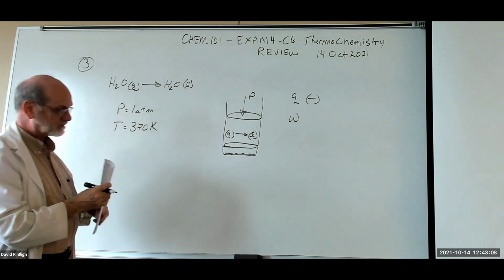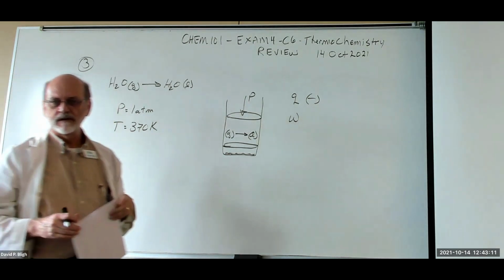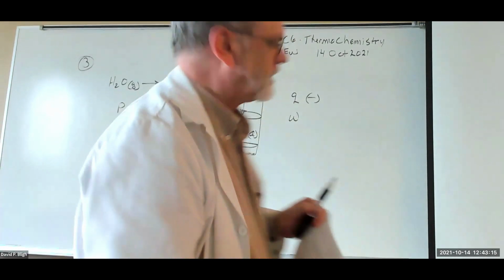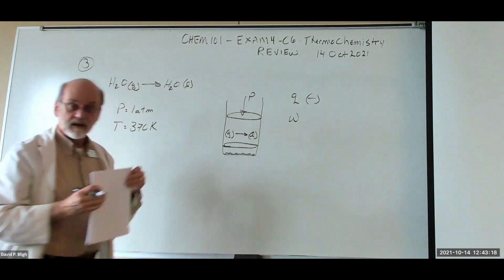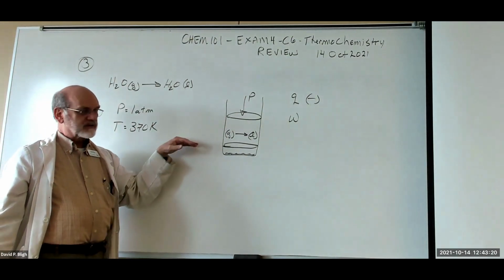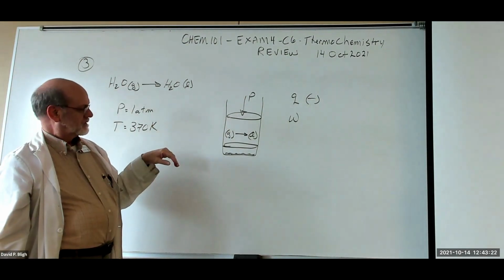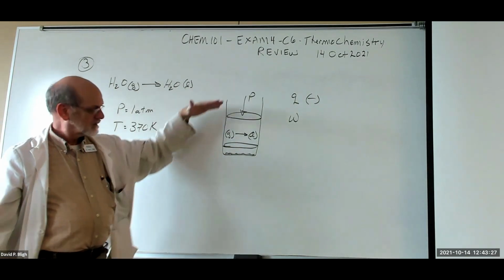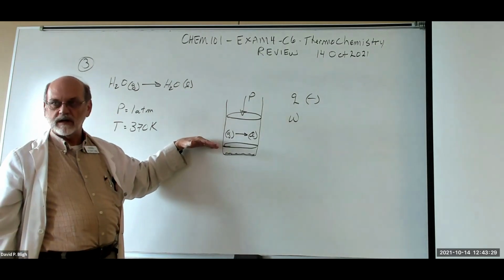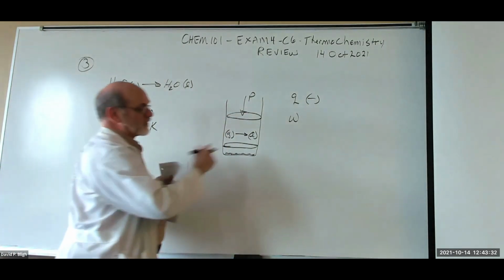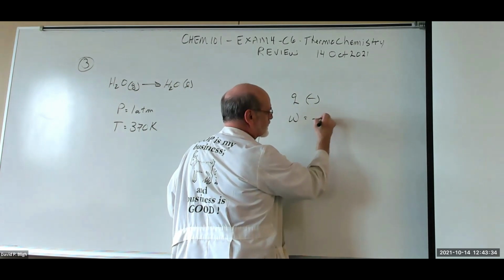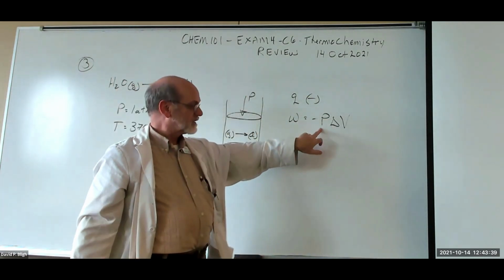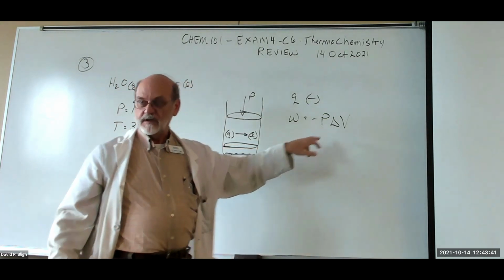Now, how about work? Well, when a gas contracts, work is being done on the gas. Think of it that way. As the volume decreases, because work is equal to minus P delta V. Pressure is constant, but what's the volume?